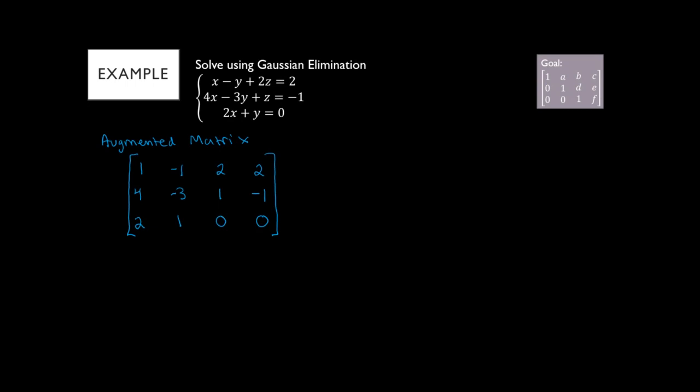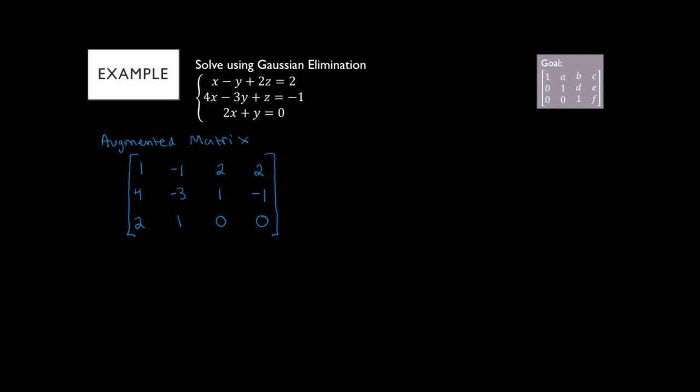So first row, we actually already have our 1 in the first place, so I would just leave that there. I wouldn't even try to change anything about that. Let's see, so looking at what we need to get zeros underneath that 1. So I'm actually going to do the bottom row first.